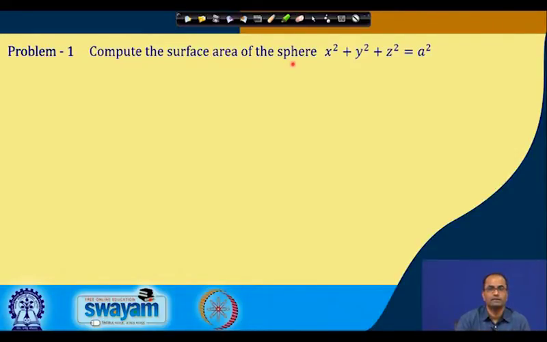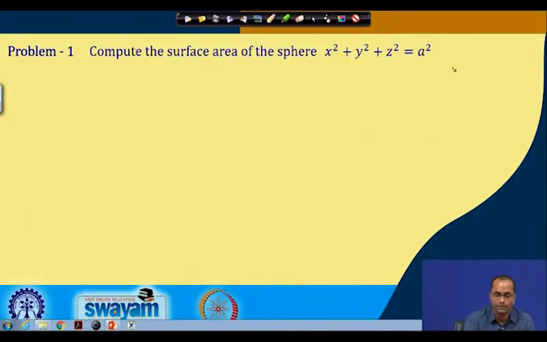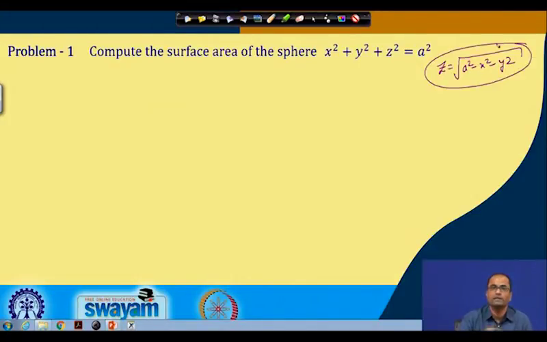In the xy plane, this will be a circle of radius a centered at 0. So, we have the domain, the circular disc in the xy plane, and the surface will be given simply by z is equal to the square root of a square minus x square minus y square, because we are considering the upper part of the sphere.